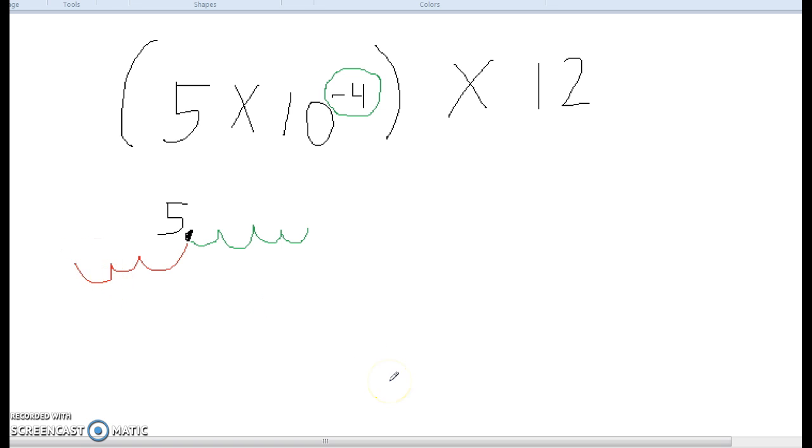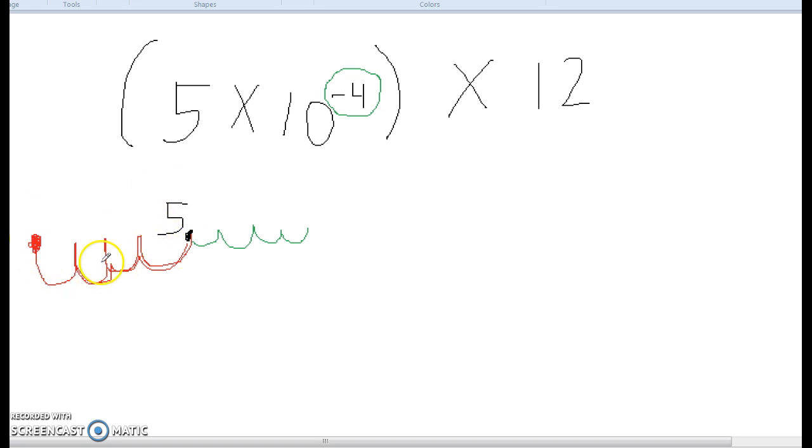So I need to move my decimal 4 spaces to the left from here, because that's going to be moving at -4. So I'm going to move it 1, 2, 3, 4 spaces, and I'm going to put the decimal right here. Okay, we're going to pretend like that's a decimal.